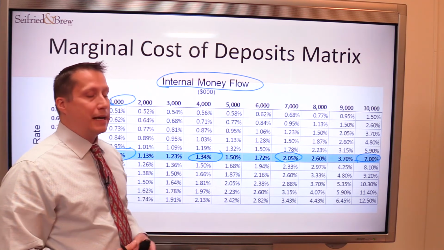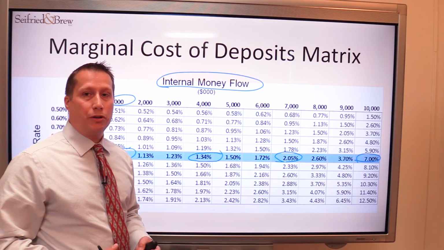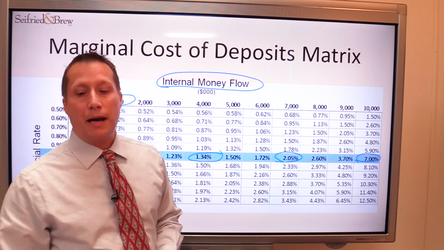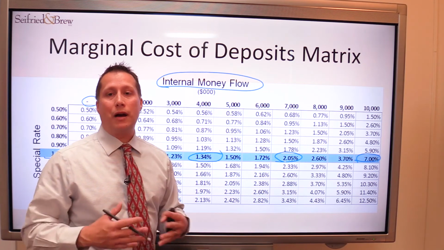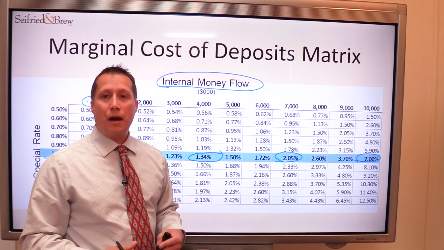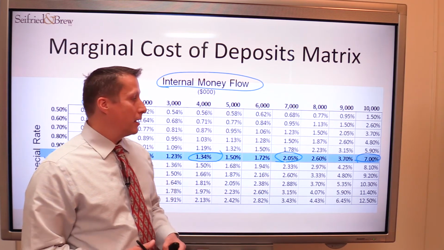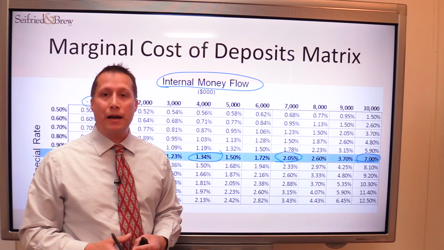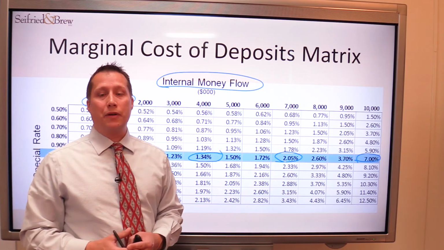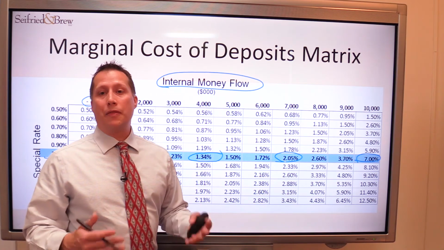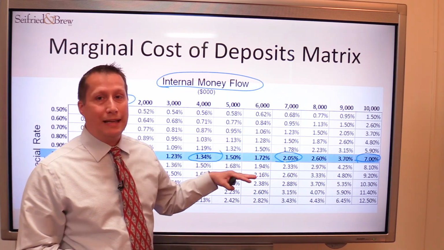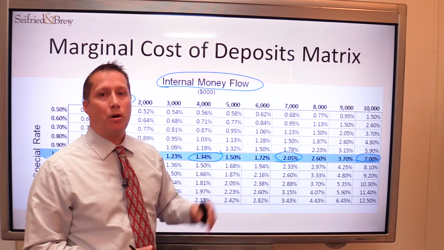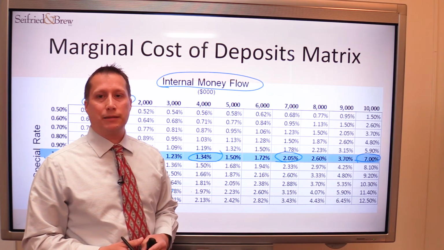So as you go through this analysis, what you want to make sure of is that the marginal cost of deposits does not get too high above the alternative funding methods. And if you can match price items with the Federal Home Loan Bank rather than going to deposits, that might be a good idea in order to stay away from the cannibalization and the increasing cost from this marginal cost of deposits.